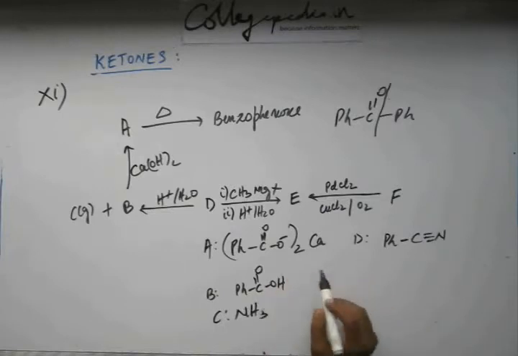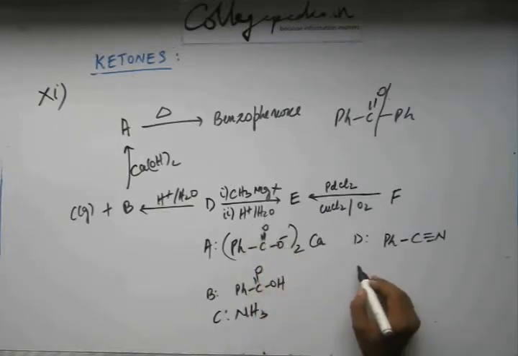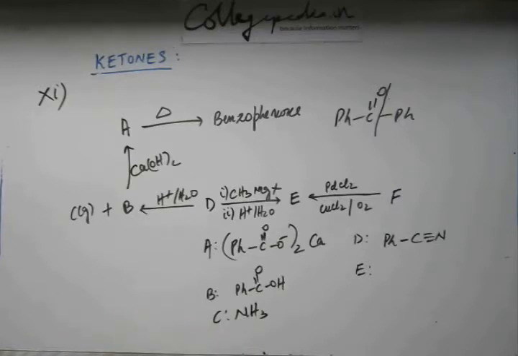So this is D. Now this is the Grignard reagent reaction on a cyanide. When I taught you this reaction, I told you that this is an important reaction, and somewhere in the conversion problems that we'll be solving ahead, this reaction will appear, and that turns out to be true. Somewhere in the conversion problem this reaction is appearing. So this reaction we studied when we studied the method of preparation of ketone, right?